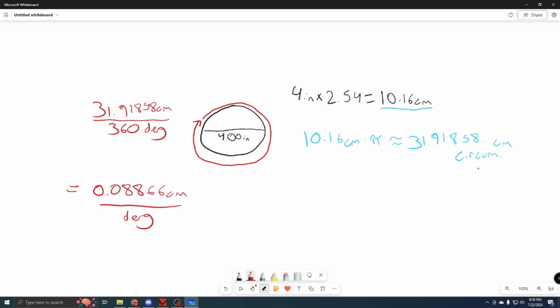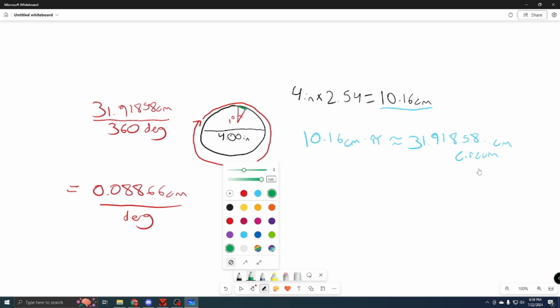So if this is 1 degree, then this distance here is going to be 0.08866 centimeters. Okay, how is that useful?